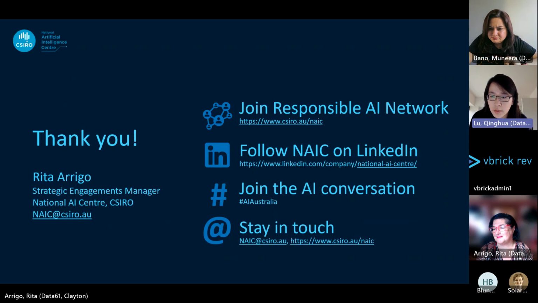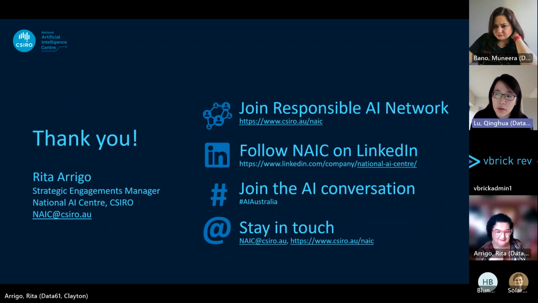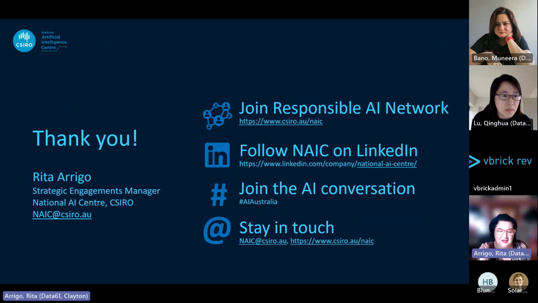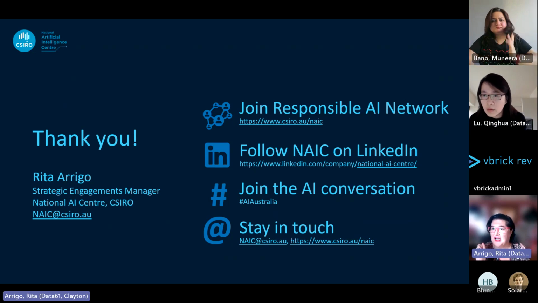Also, the pattern catalog has been used by some startup company. They embed the process pattern and the product pattern in their platforms, so their platform users can embed these patterns automatically into the AI code they develop. And there is a link to the pattern catalog at the National AI Centre website on the Responsible AI Network page, so you should be able to find that link.